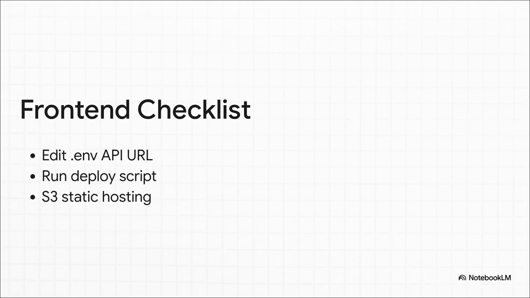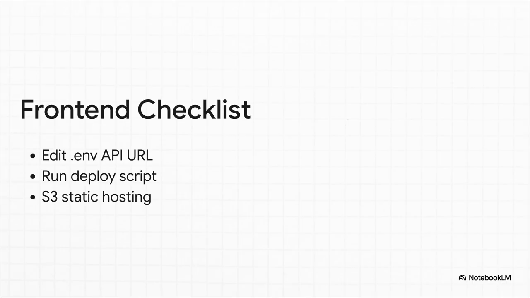But the most important step is opening your .env file and pasting in that exact API Gateway invoke URL we just generated. You can run npm run dev to test it locally on localhost 3000. Once you confirm it's all working smoothly, you build the app and deploy the compiled distribution files to an S3 bucket configured for static website hosting. What this means is your entire front end is served serverlessly. Zero web servers for you to patch, scale, or manage.